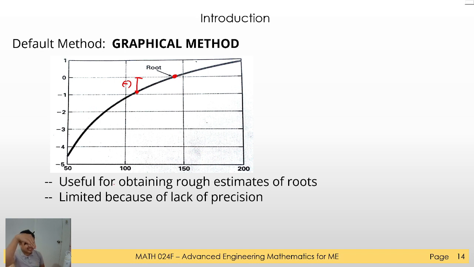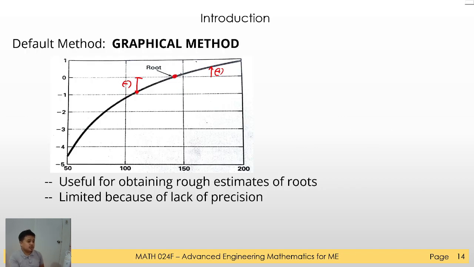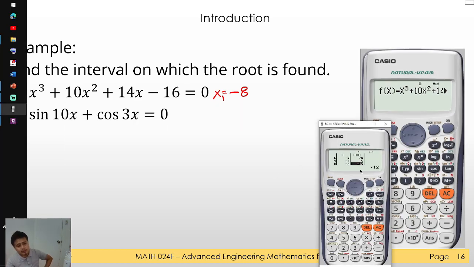If the height is going down, the f of x is negative. And if the height is going up, with respect to the x-axis, it should be positive. So if there is a change in sign in f of x, then there will lie our solution or our root. So therefore, with regards to our calculated table, the solution lies in between this -3 and -2.